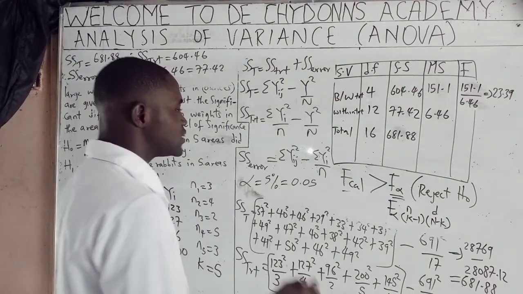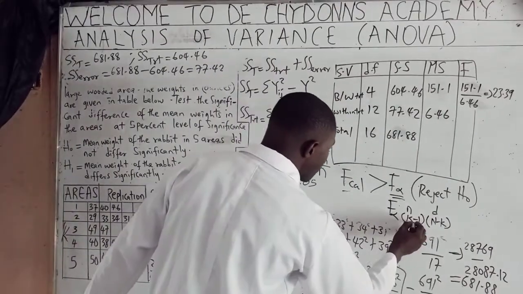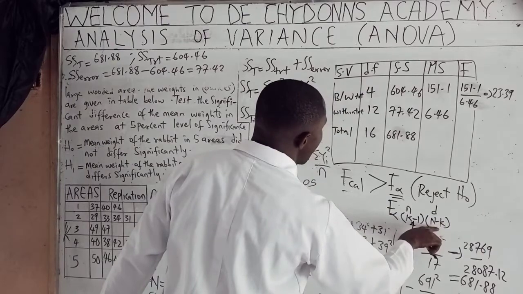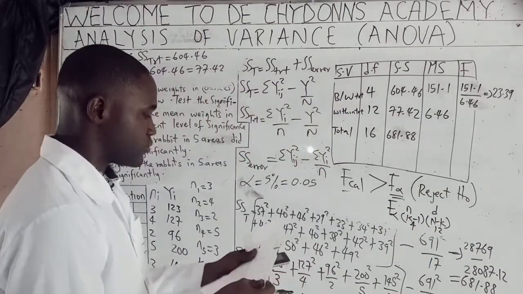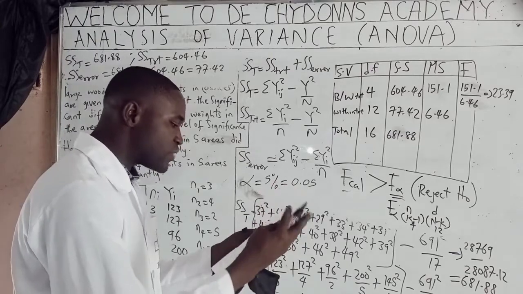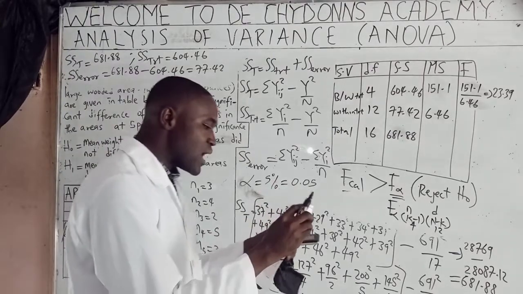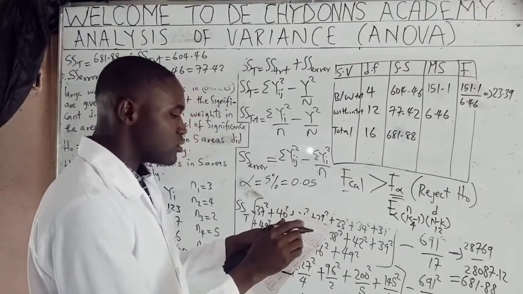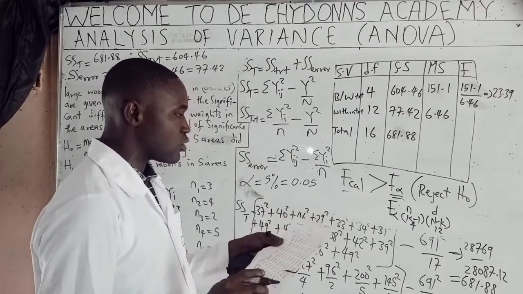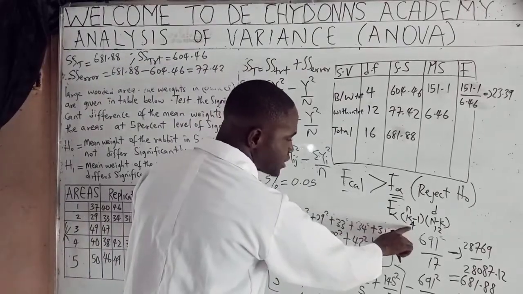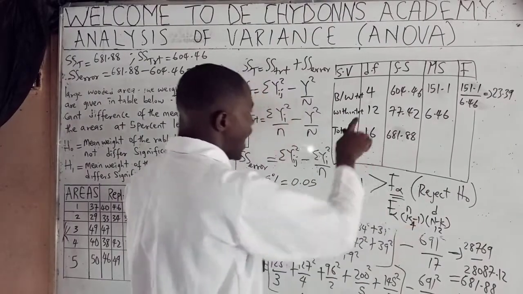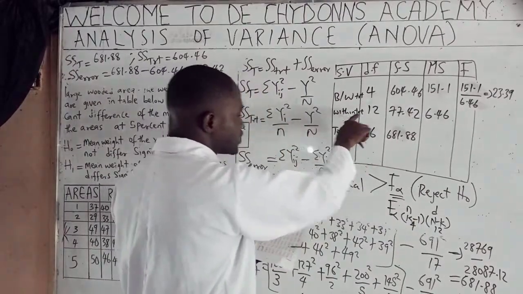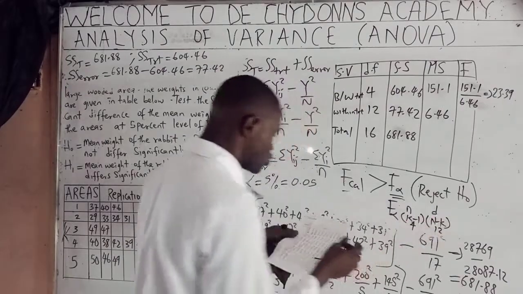What is K minus 1? 4. What is N minus K? 12. You go to your F table. When you go to your F table, you will see where they write numerator and denominator. Numerator will be the first one, that is between treatment, K minus 1, that is 4. And denominator will be the one within treatment, that is N minus K, 12.